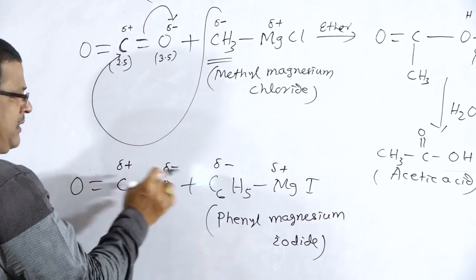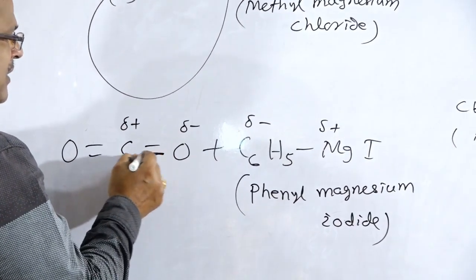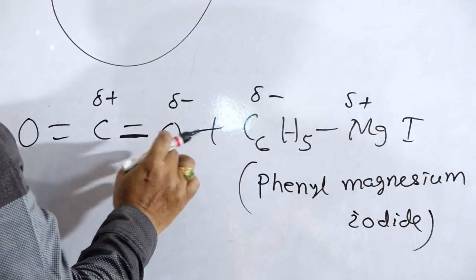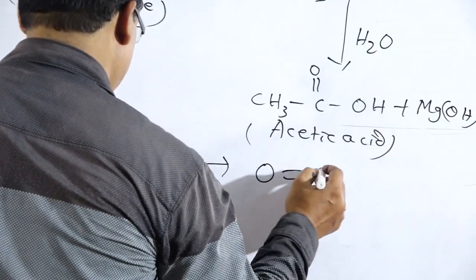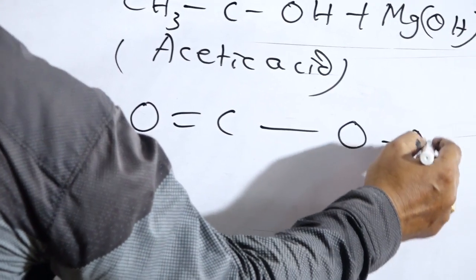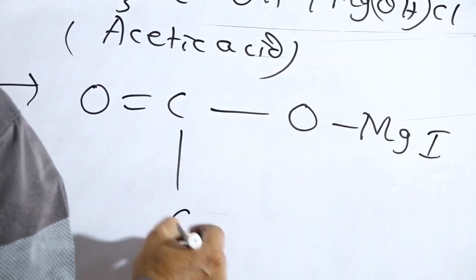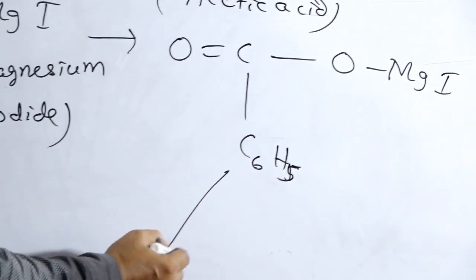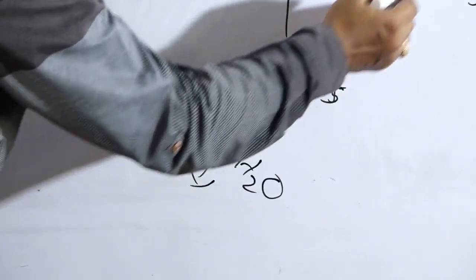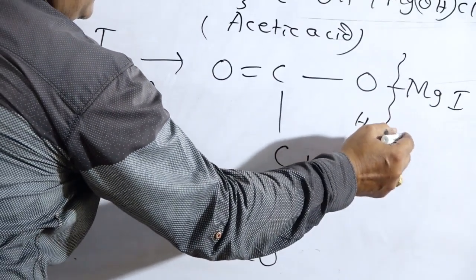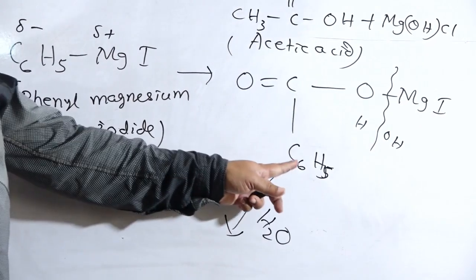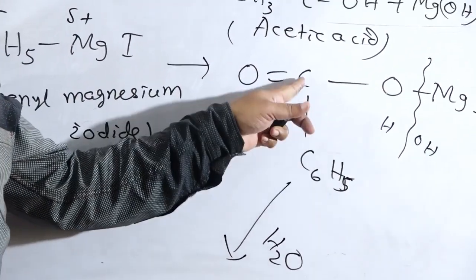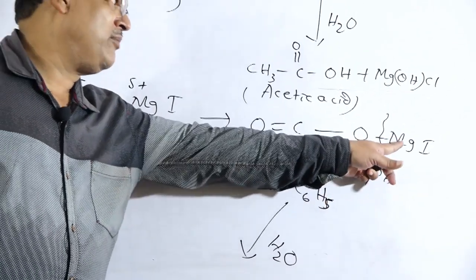So this bond will break by the addition of C6H5 to the carbon side and MgI to the oxygen side. The product will be O double bond C, bond O, MgI, bond C6H5. This again undergoes hydrolysis, and the bond breaks by the addition of water, HOH, forming C6H5COOH plus MgOHI.